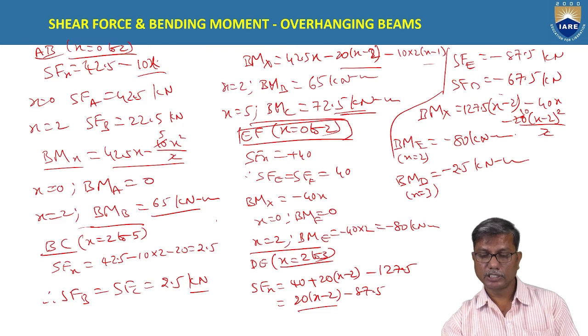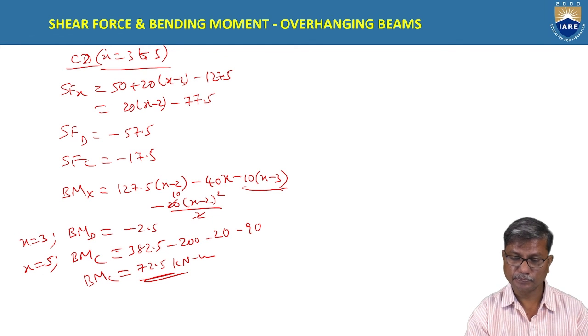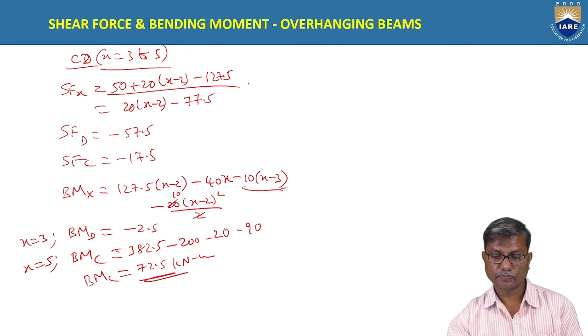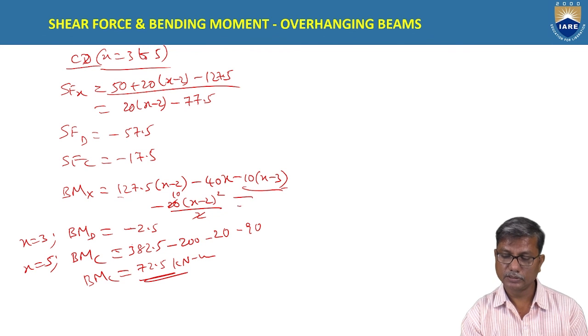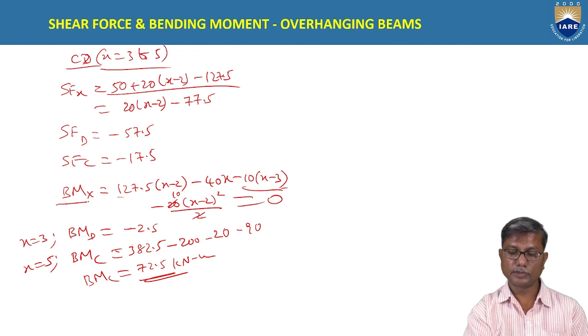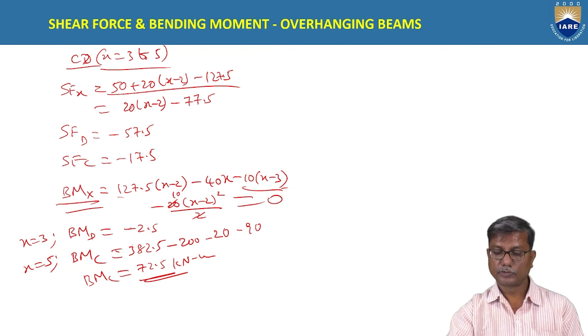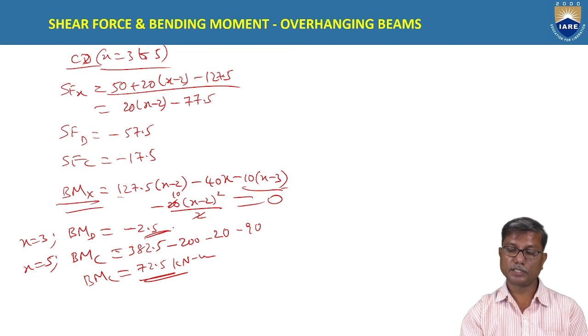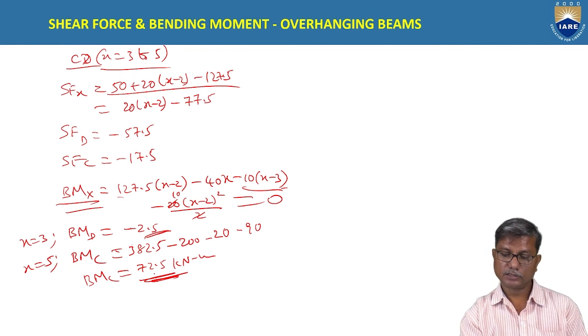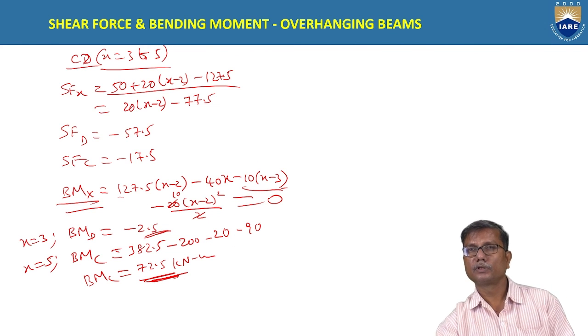Because bending moment at D is minus and bending moment at C is plus, between D and C the bending moment changes sign. That means it becomes 0 at one point. By equating the bending moment equation to 0, you will get the X value by solving this quadratic equation.